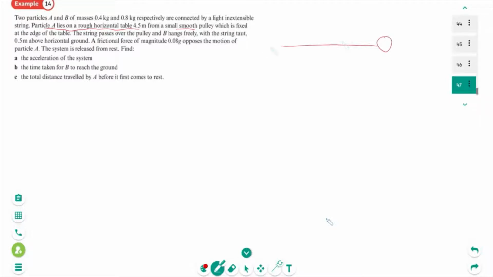I have particle A lying on the table. Particle A is connected to the pulley. This is the rest of the table. The string passes over the pulley, and you have another mass B hanging over.